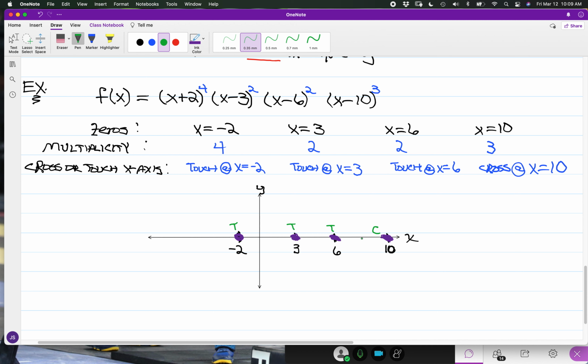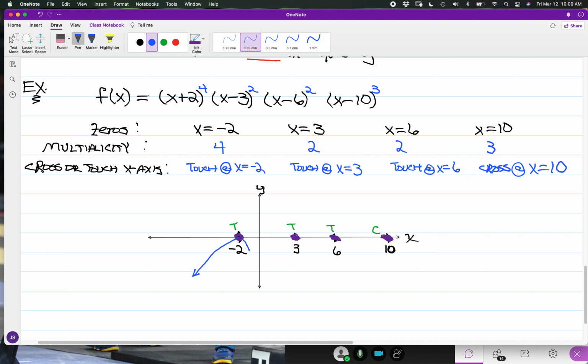In terms of the activity, I'm not going to graph this according to scale by any stretch of the means, but the graph of f of x is going to start below the x-axis, and it's going to rise toward the x-axis, and once we get to negative 2, instead of crossing, it's going to touch.